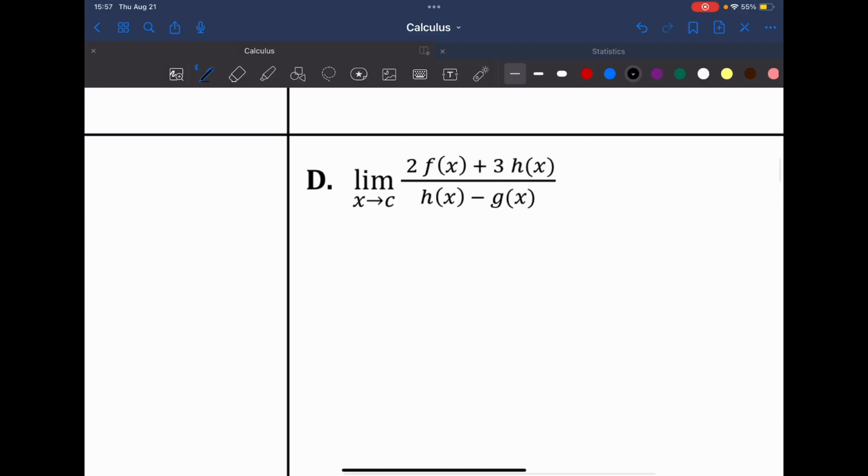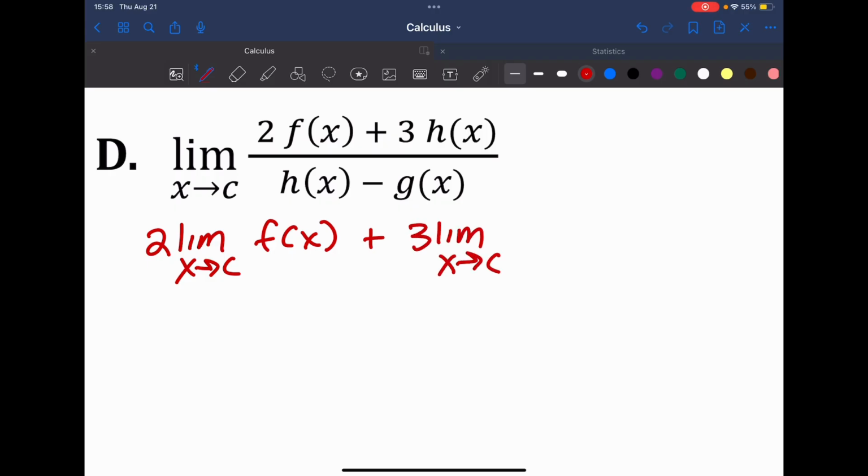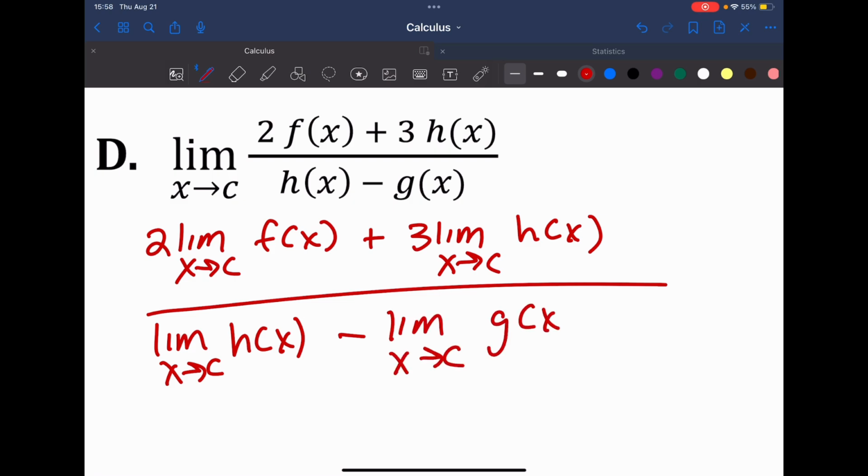Okay. Then I have D, so using my properties, I'm going to give the limit to each part. So I have 2 times the limit as x approaches c of f of x plus 3 times the limit as x approaches c of h of x, all divided by the limit x approaches c of h of x minus the limit as x approaches c of g of x.